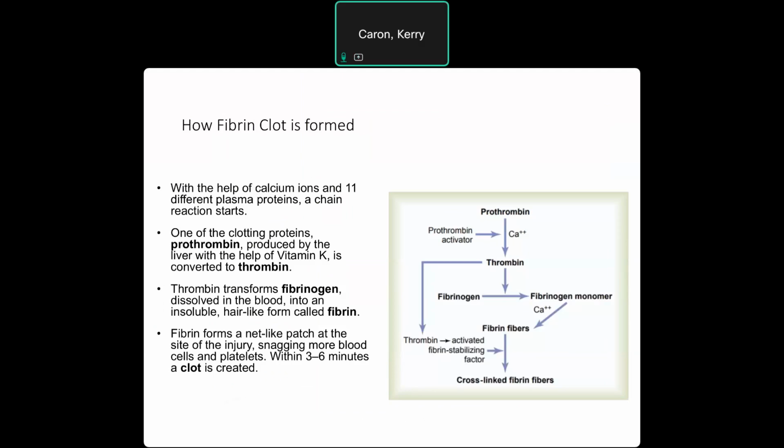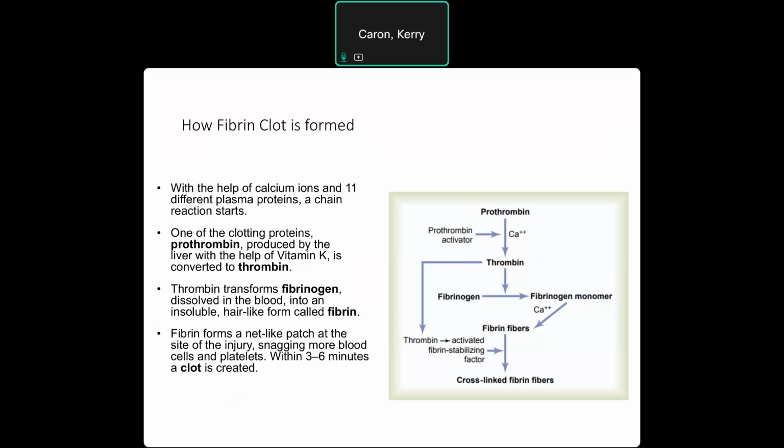So calcium ions, and remember those plasma proteins, we had albumin, we had globulin, a chain reaction starts to happen. There's chemistry that happens here. And one of the most important clotting proteins is prothrombin. And that gets produced by the liver with the help of vitamin K. And that gets converted to thrombin.